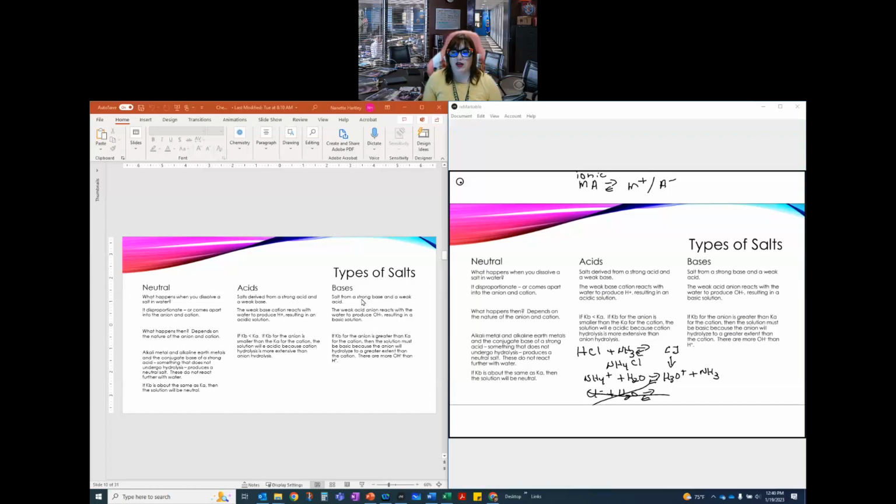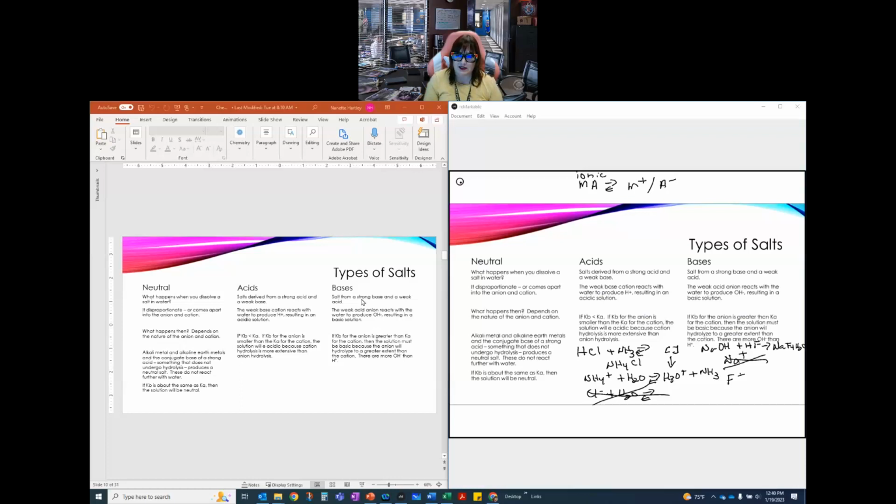The opposite is true when we have a strong base and a weak acid. When we talk about NaOH plus HF, that'll give me NaF and H2O. And it's that NaF that we're worried about. That Na, being an alkali metal, is not going to do anything in water, so that's not something I need to worry about.